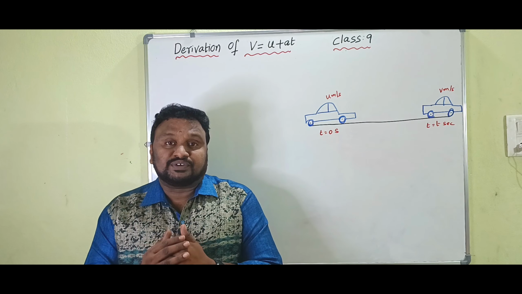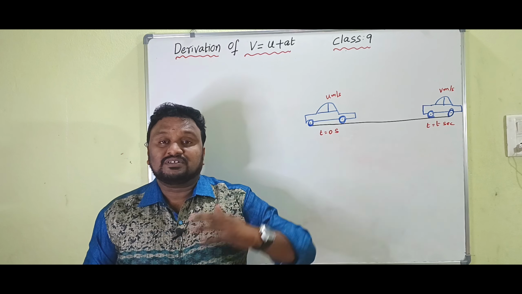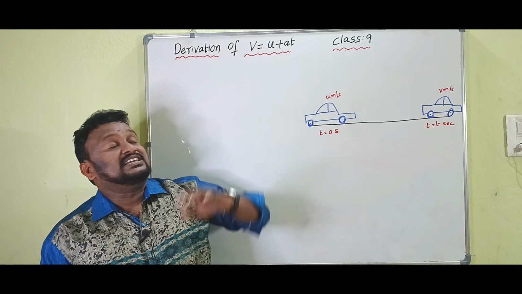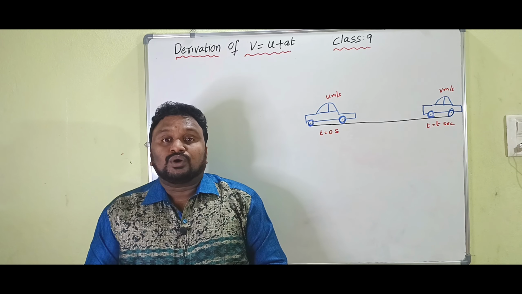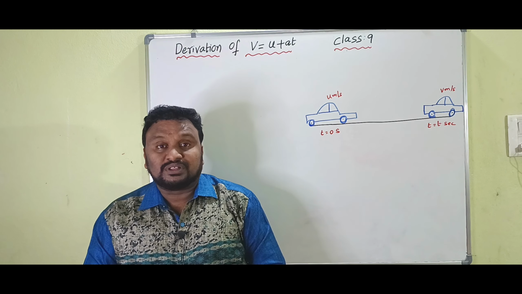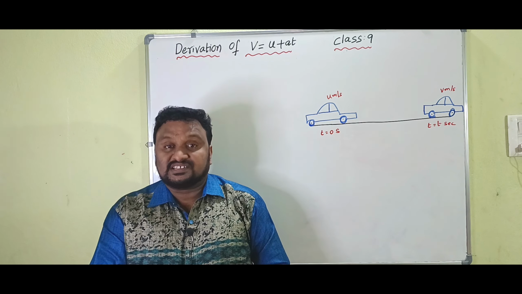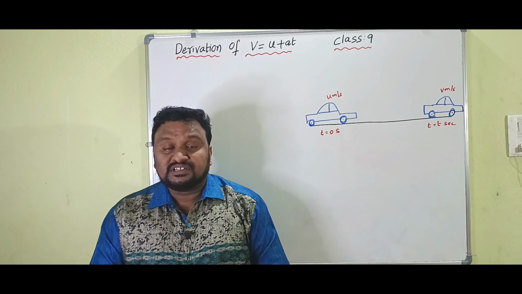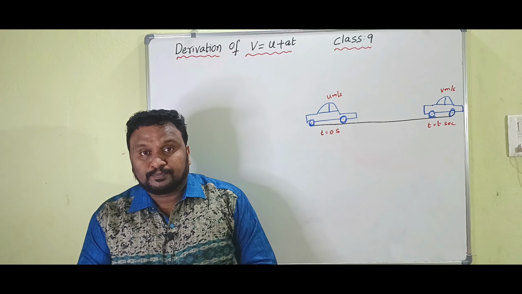In this video you are going to learn the derivation of the equation of motion v equals u plus at. To derive this equation you must have an idea about the definition of acceleration. When we know the acceleration definition, then only it is possible.